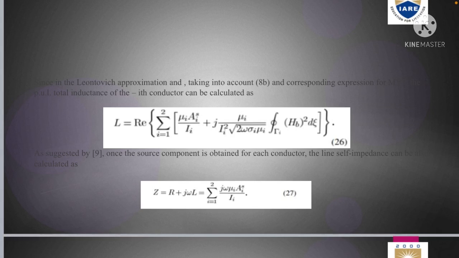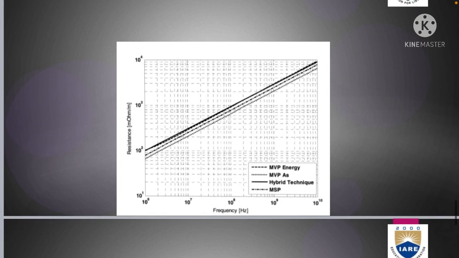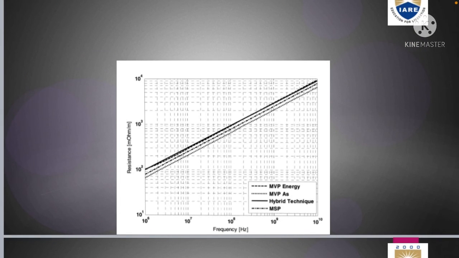Since in the SIBC approximation, and taking into account 8b and the corresponding expression for MVP, the PUL total inductance of the ith conductor can be calculated as follows. As suggested by 9, once the source component is obtained for each conductor, the line self-impedance can also be calculated as in the following equation. And the matrix is represented as follows.